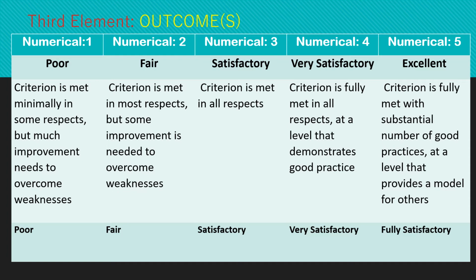Number 4 or rating 4, very satisfactory. We exceeded the standard by 50%. And 5, criterion is fully met with substantial number of good practices at a level that provides a model for others. So fully satisfactory.